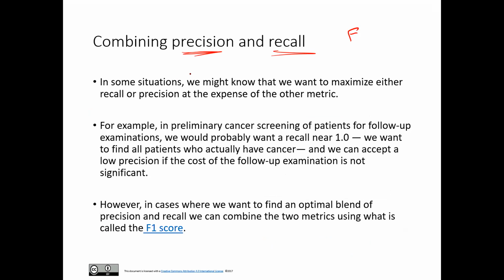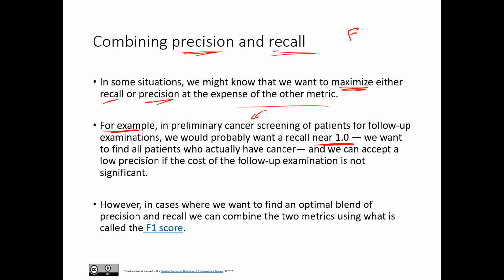In some situations, we might know that we want to maximize either recall or precision at the expense of the other metric. The classic example of this is in preliminary cancer screening of patients for follow-up examination. We would probably want a recall near 100%.